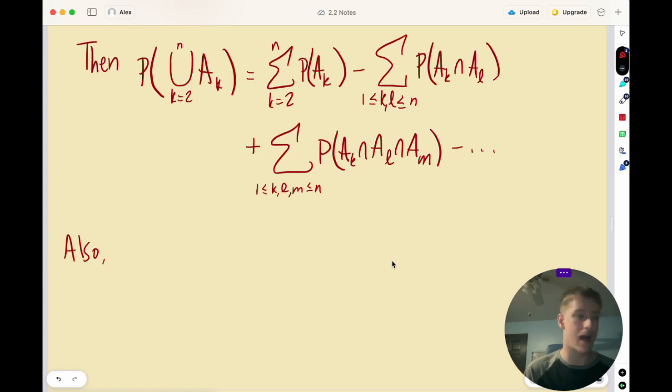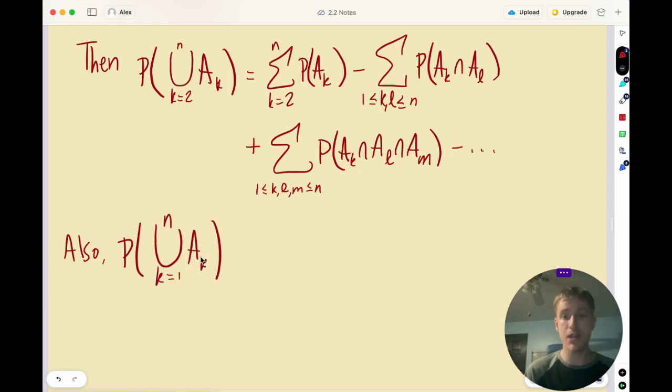And we also have that the probability of the full union from k equals 1 to n of a sub k, I can pinch off the first event, and I can really write this as the probability of a sub 1 union the rest of this.